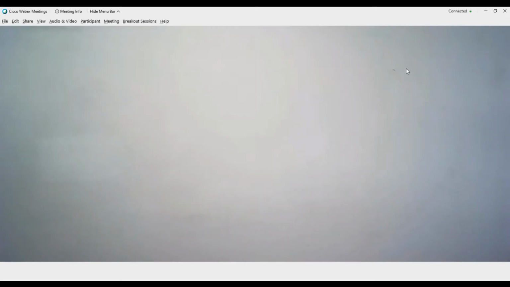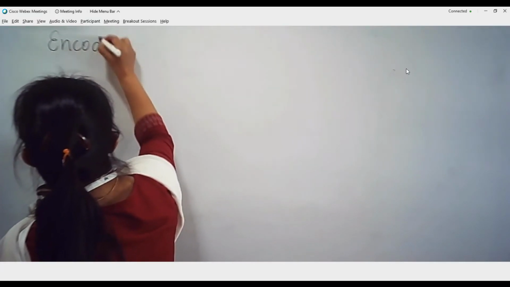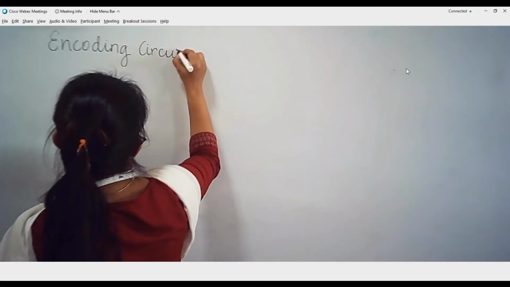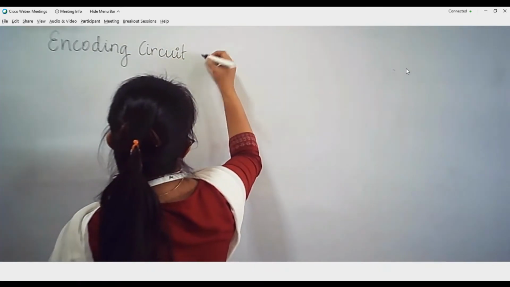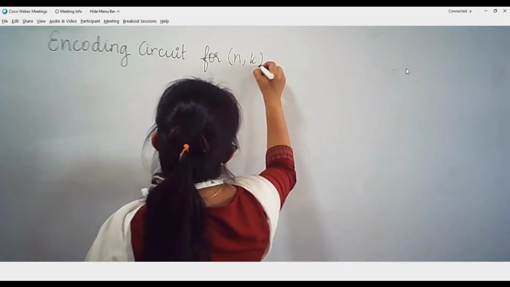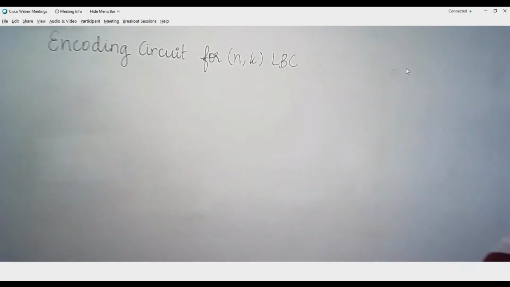So now we are going to see the encoding circuit, or block diagram, or circuit diagram, for (n, k) linear block codes.